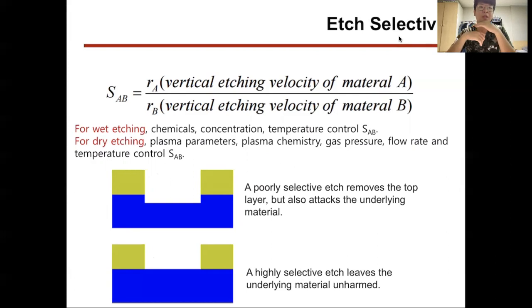So if the etch rates of each material are highly different, then the etch selectivity is good. But on the other hand, if these two materials' etch rates are similar, then the etch selectivity is bad.